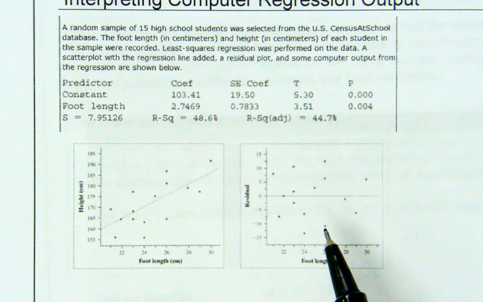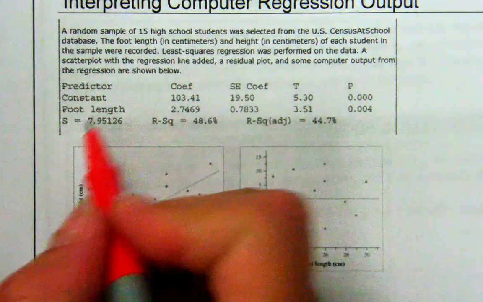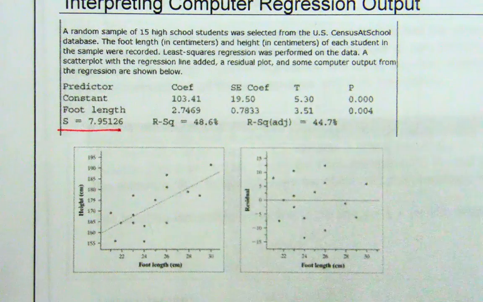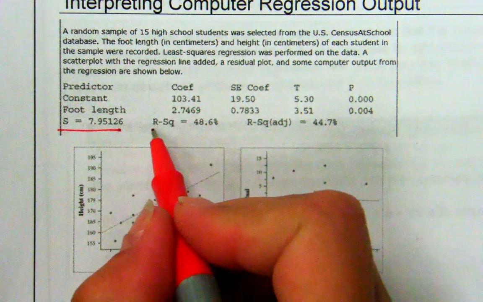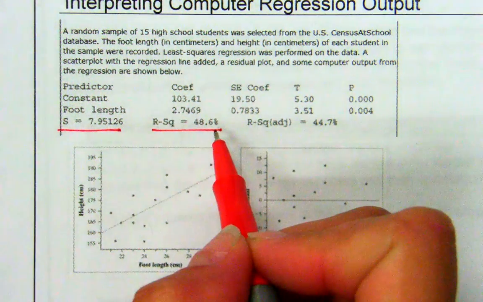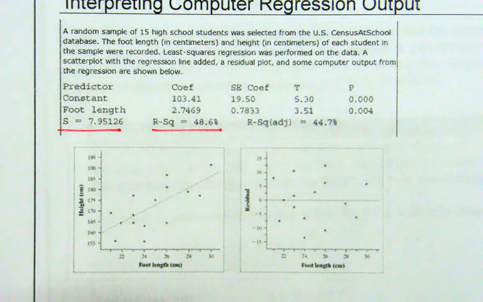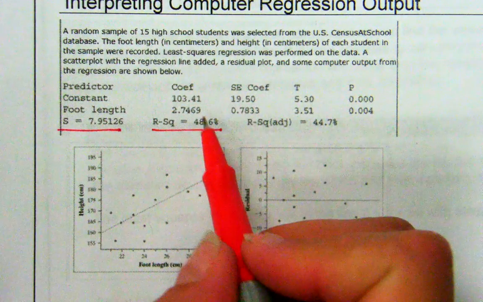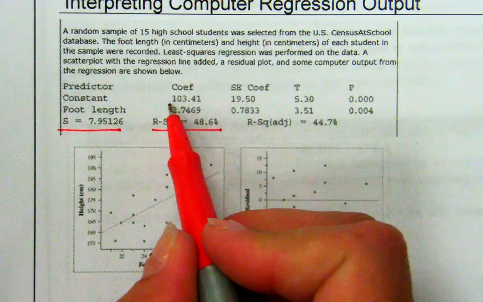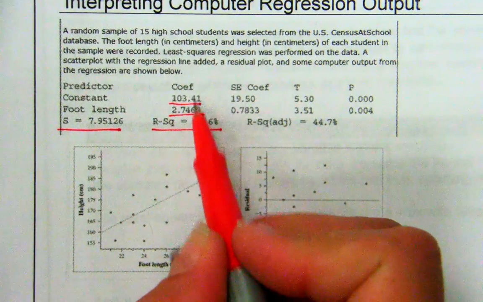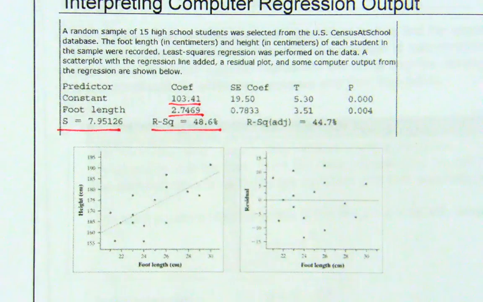And some computer output from a regression are shown. So the important ones that we really care about are our S, that's your standard deviation for the residuals, your R squared, which is not very good, but well, can't do much about it. Your constant, and your foot length for the coefficient of the foot length.